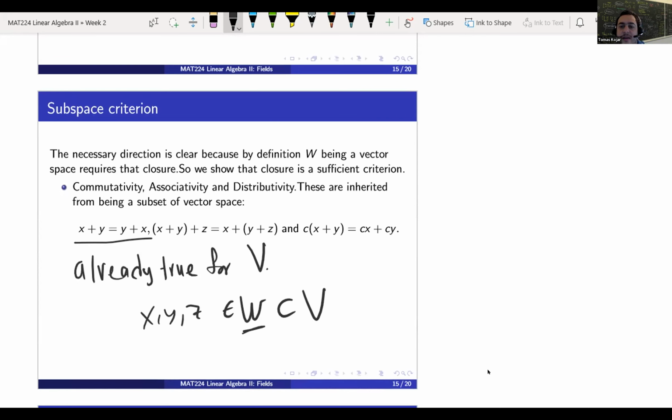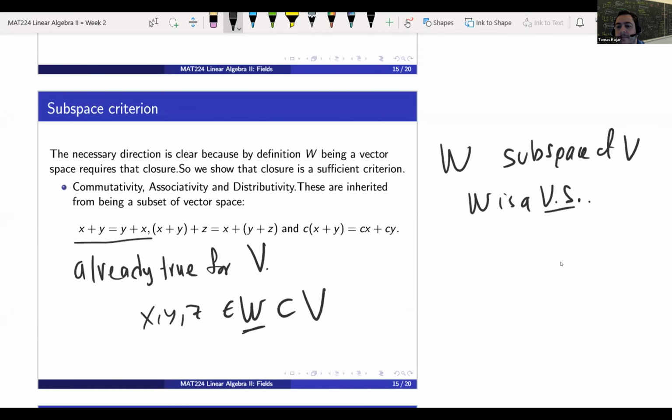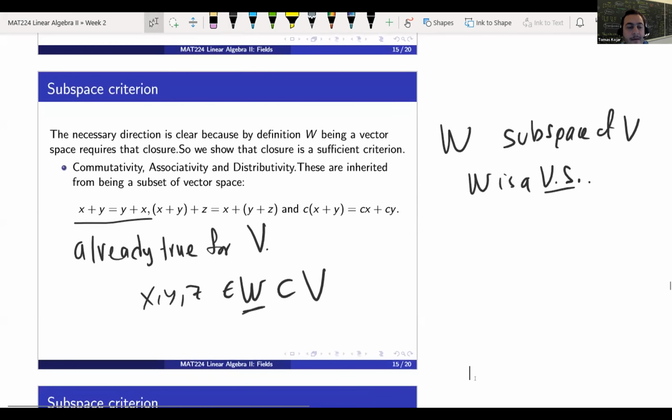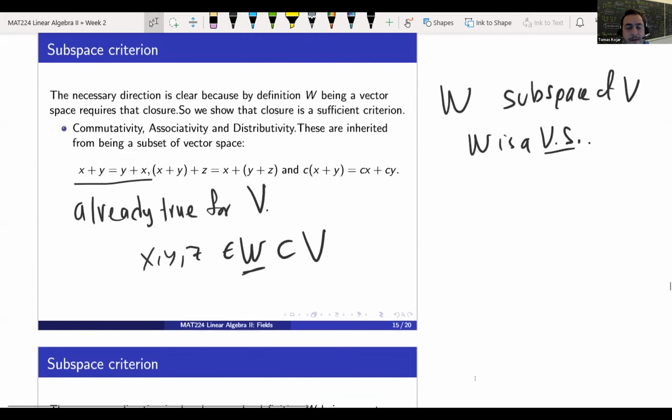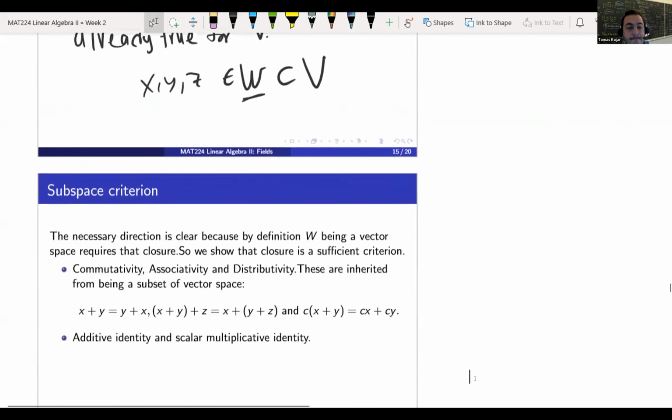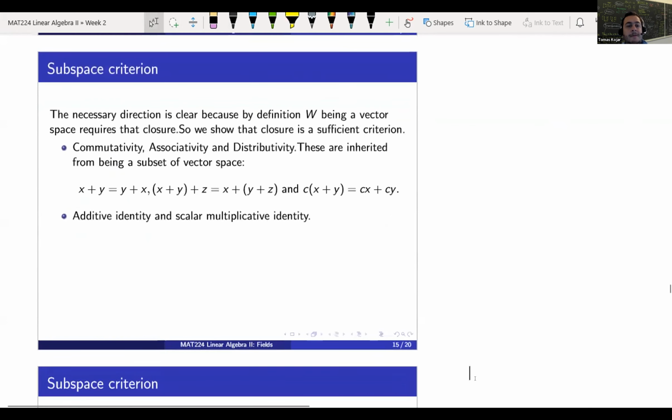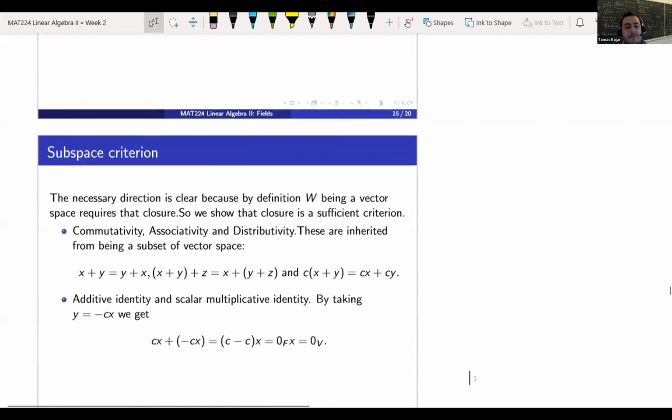Now we're proving that W is a subspace of V, which just means that W is a vector space. So these three algebraic operations follow immediately because W is a subset of V. Let's start with these two.